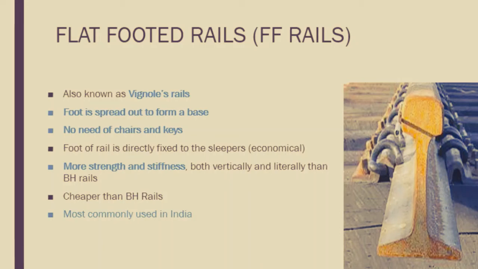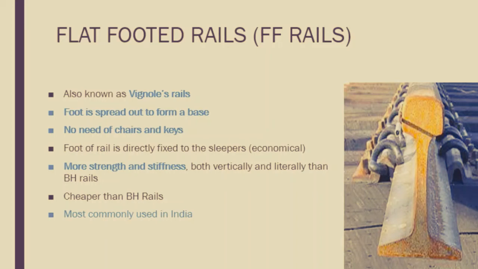So we do not need chairs and keys to fix these rails to the sleepers. The foot of the rail is directly fixed to the sleepers. So that eliminated the chair and key arrangement and made the fixture economical.